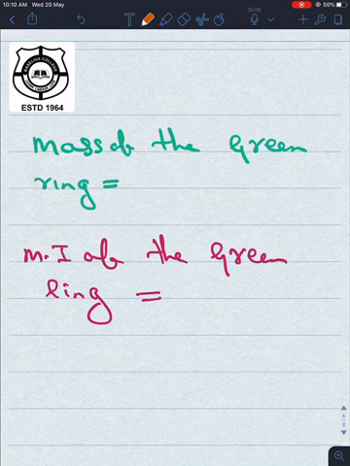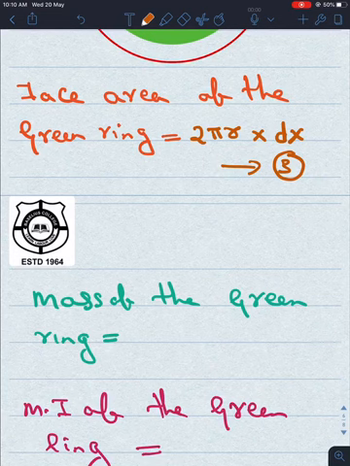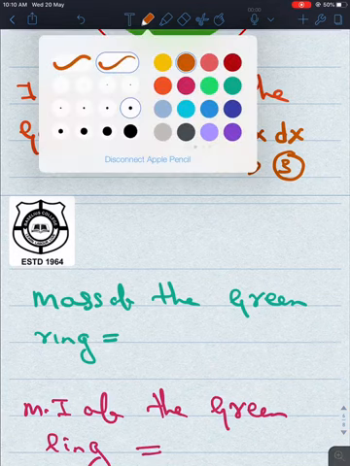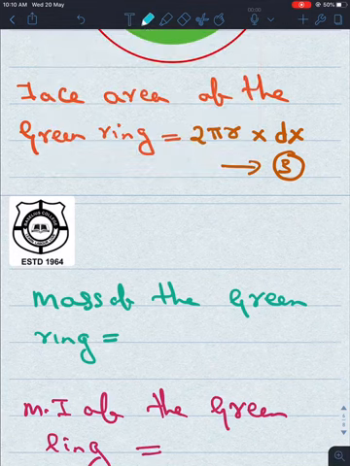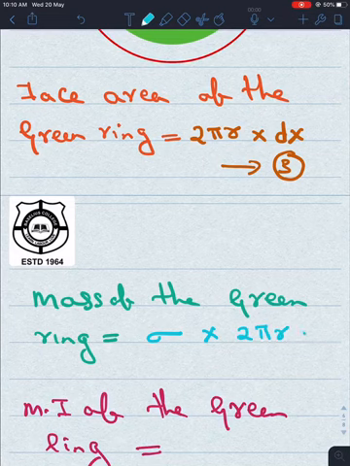Mass per unit area into the face area of the green ring. So mass is sigma into the face area, that is nothing but 2 pi r dx.